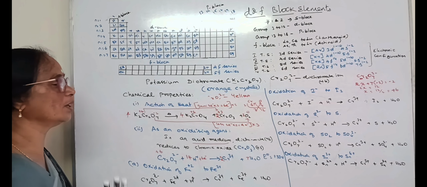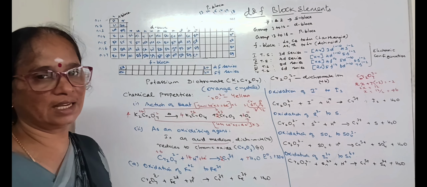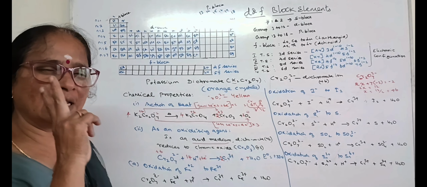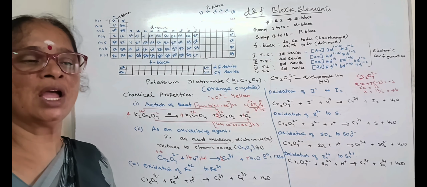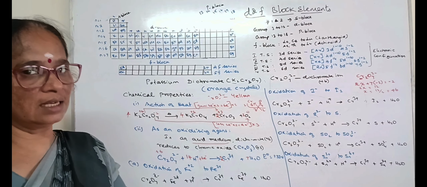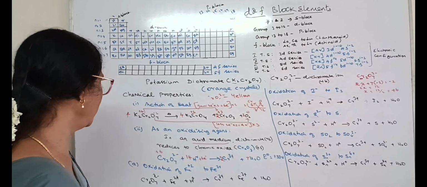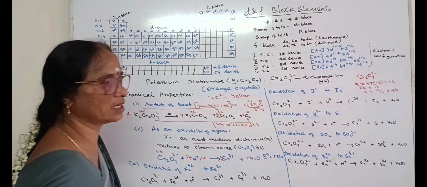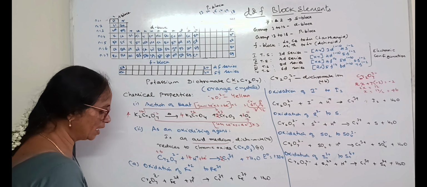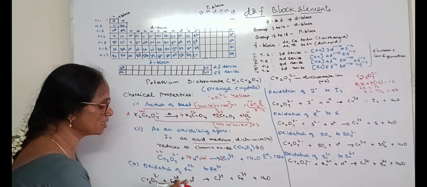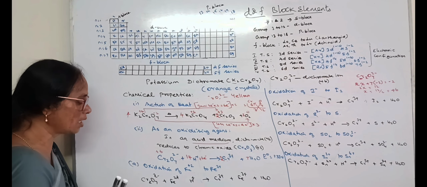Let us find one by one. To understand the reaction, we need to know only two things. The transfer of electrons must be the same between an oxidant and a reductant. So let us find one by one. Oxidation of ferrous to ferric: the dichromate ion with the ferrous ion, in the presence of acid medium only, we are going to take.